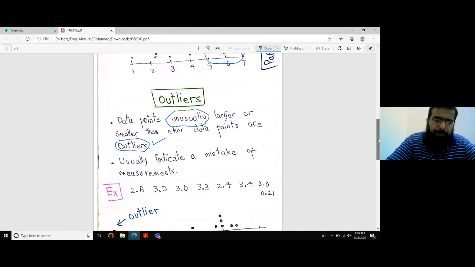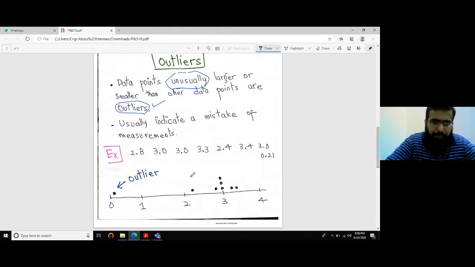For example, there is a clerk in your department who is compiling the CGPAs of 8 students. He is in a hurry, and he writes the CGPA of the first one correctly, the second is okay, the third, fourth, fifth, sixth, seventh, and 2.